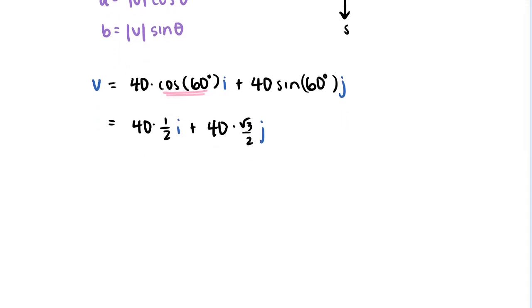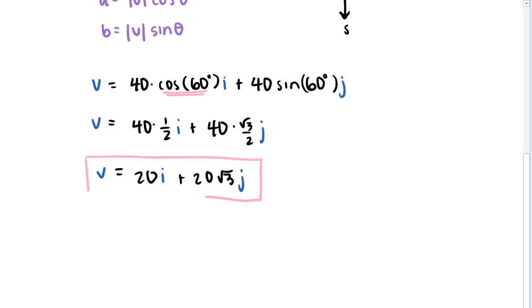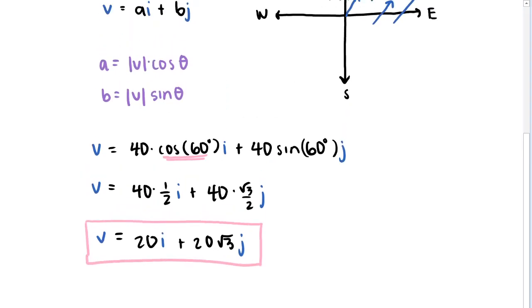And so we can rewrite our v vector as 20i plus 20 times the square root of 3 j. So we have the component form of our v vector, our crosswind vector.